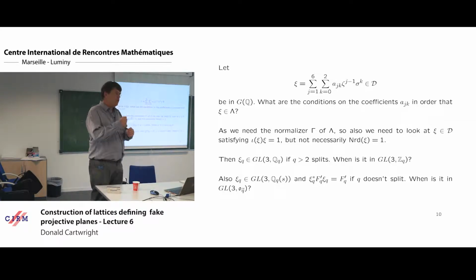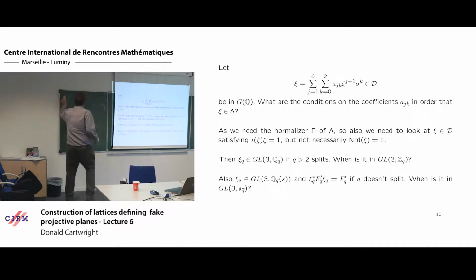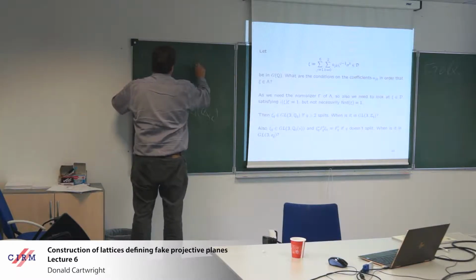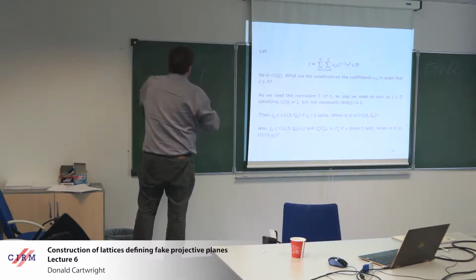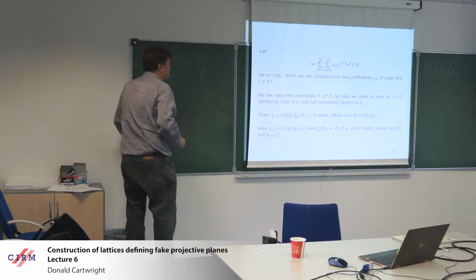Okay, so it means you've got a condition at every q. You want that it maps across to an element here. This is in D.